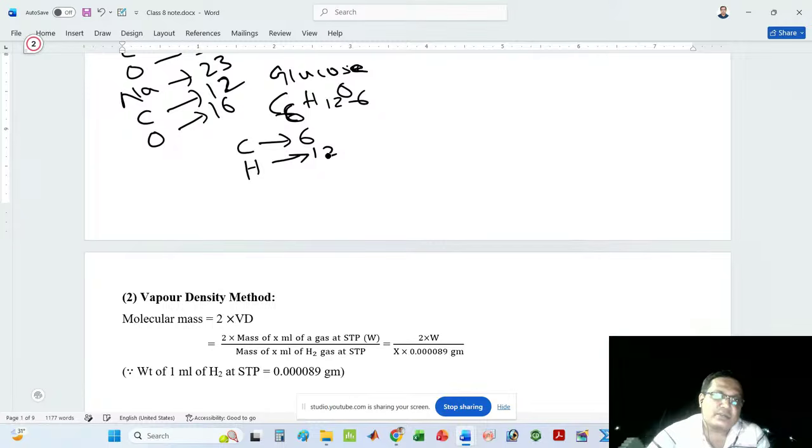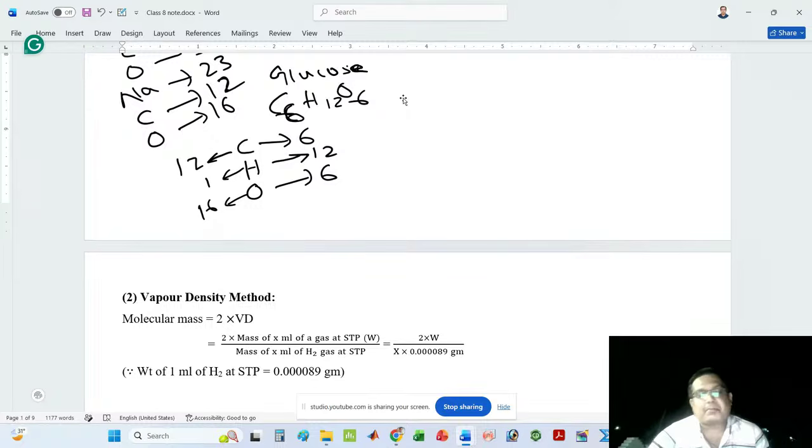We know that the atomic mass of carbon is 12. The atomic mass of hydrogen is 1. The atomic mass of oxygen is 16. Now apply the formula.